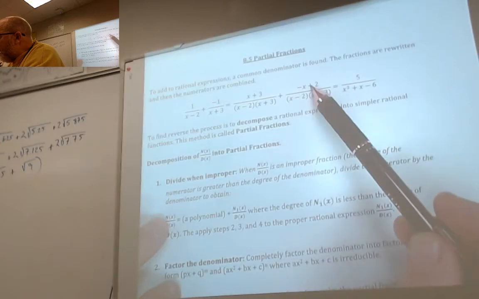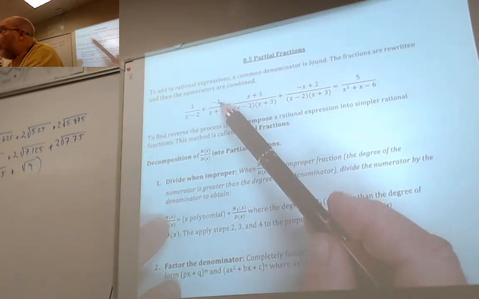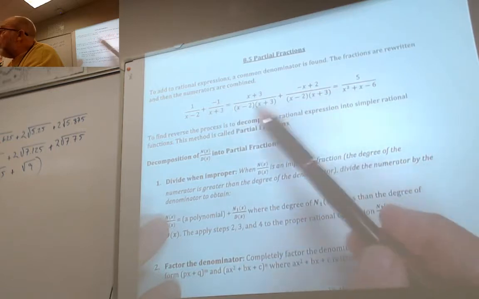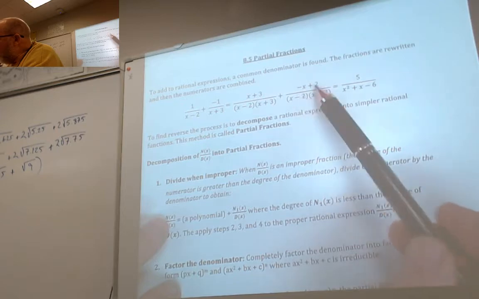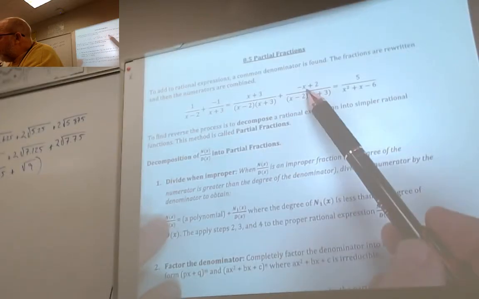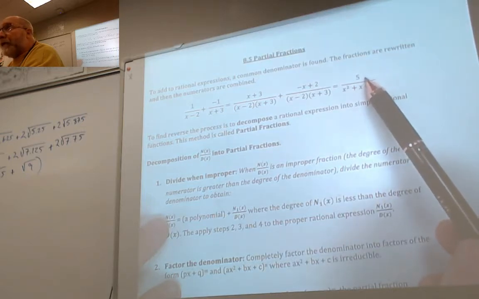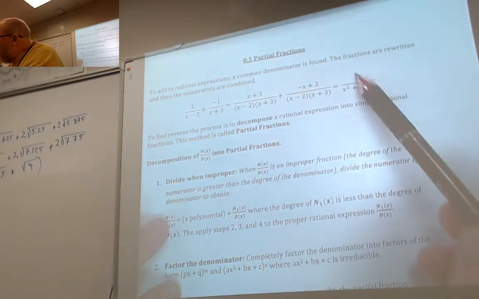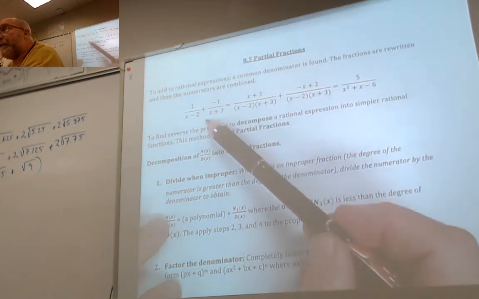Now when I multiplied the top by x minus 2, the numerator was a negative 1, so it changed signs. Does that make sense? And so when I add them together, the x's cancel out and are gone, and I'm left with 5. I'm left with this particular constant. Okay, so this rational expression came from here, all right?